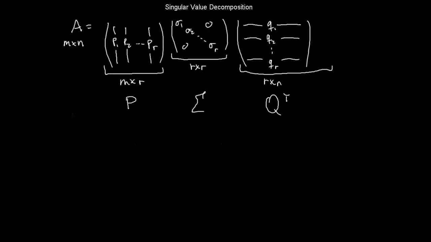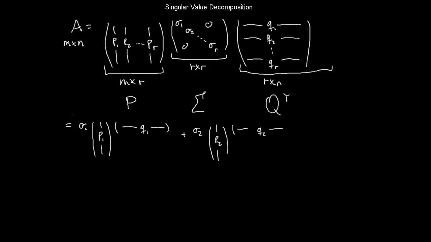Now, we're going to see an example of how to actually compute that in just a minute. But before I show you how to compute that, I want to point out that you can rethink of matrix multiplication as follows. So this decomposition can be thought of as take sigma 1, the number, times the first column of P times the first row of Q, plus sigma 2 times the second column of P times the second row of Q, and so on, down to sigma r times the rth column of P times the rth row of Q. Now I'll explain in class exactly why this works, but it certainly does.